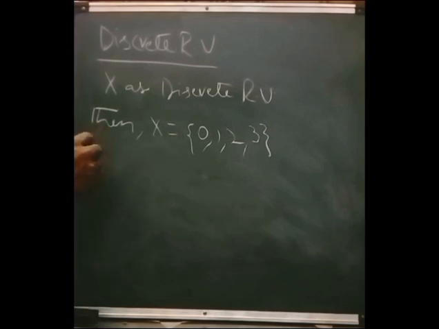Then the probability distribution table for the experiment of tossing a coin 3 times can be taken as follows. Before constructing the table, let us write the sample space here.